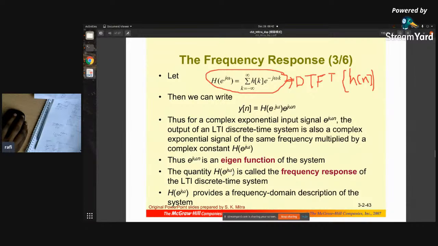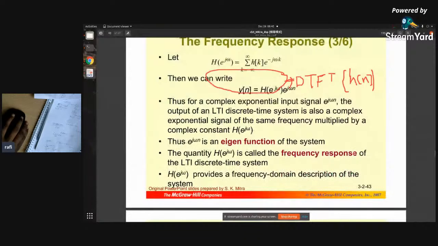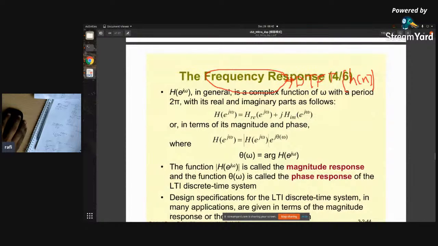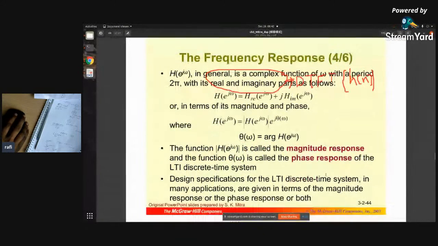So it has magnitude and phase. Likewise, we have mod H of omega versus omega, which we call the magnitude response of the system, and theta of omega, we call it the phase response of the system. So these things we have seen in the last class.